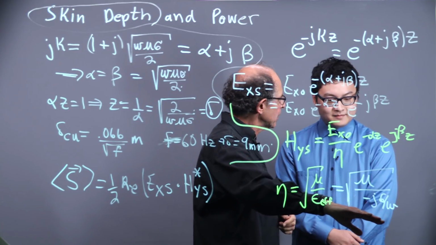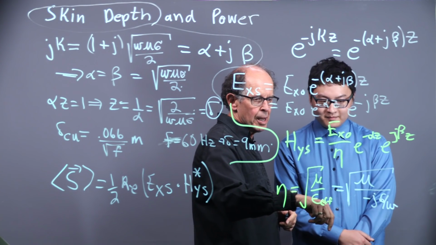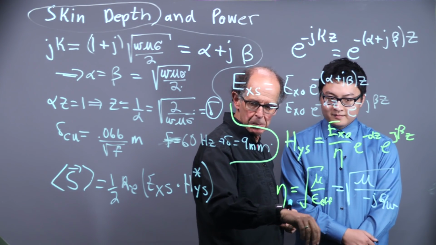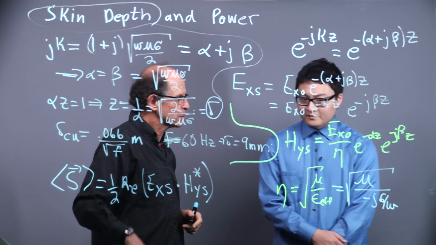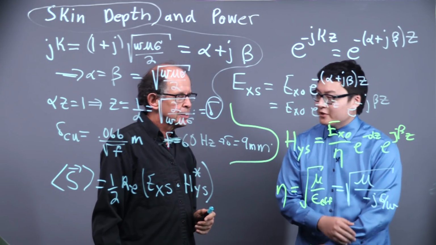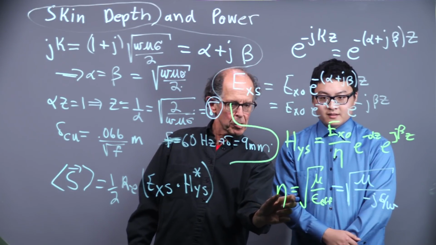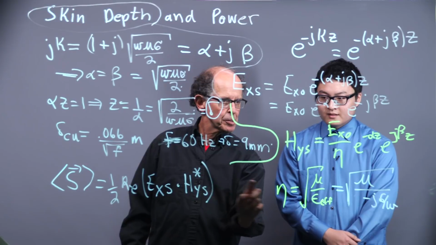Now the only thing we have to do is something we've done before, and we have to be careful. What do we have to be careful about when we compute expressions like this? Well, there's that complex conjugate, so we need to be careful of sign. Right, we have to be careful when we take the Hys conjugate.